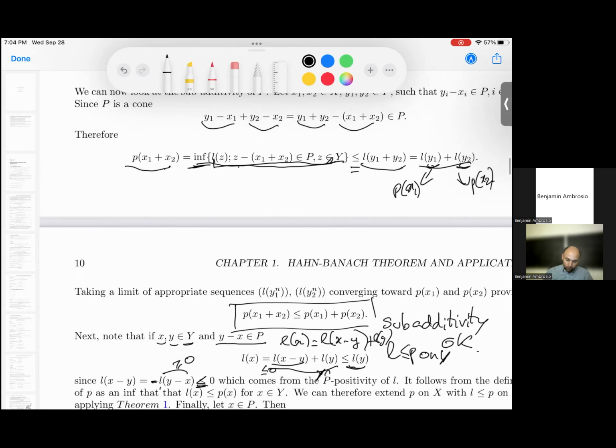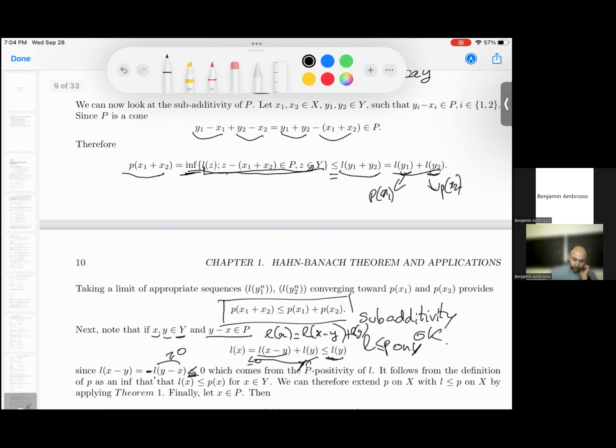So now, from the definition of P, P is defined as an inf of L of y, and with this it works.